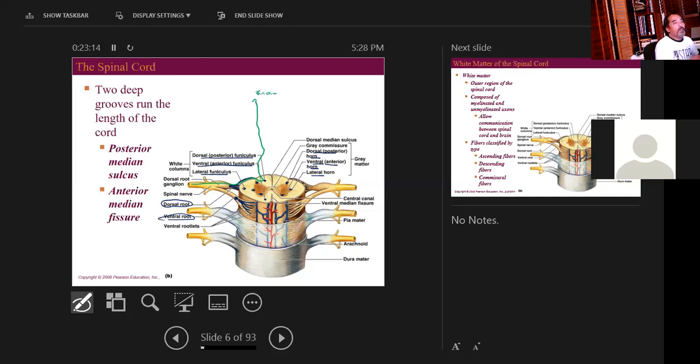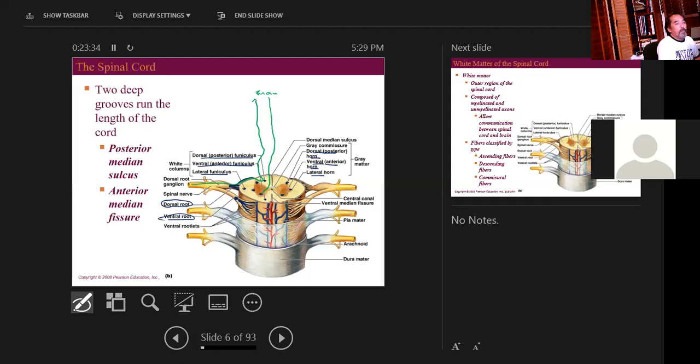Once the brain gets the information from the sensory receptor, it has to respond, and it responds by a motor nerve. So they go down the spinal cord, and then they enter here.